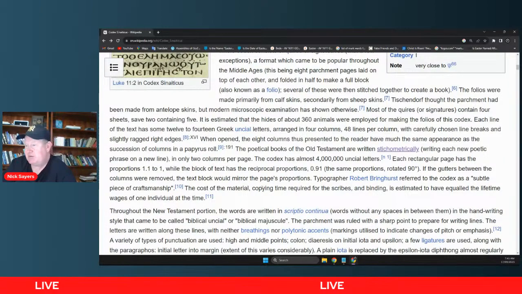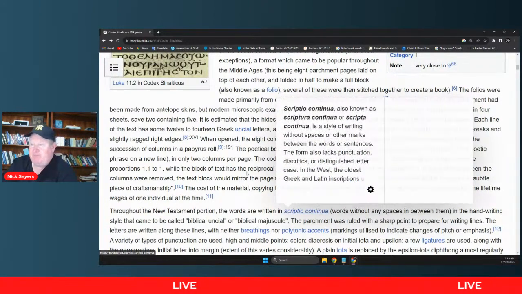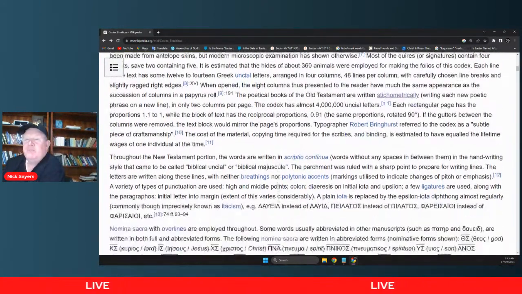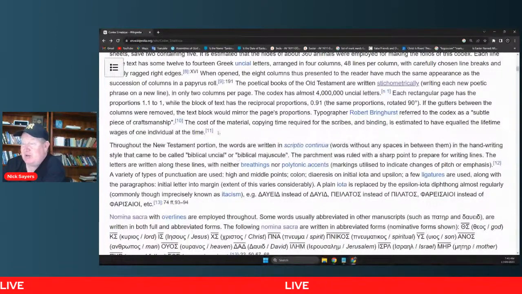The cost of the material, copying time required for the scribes, and binding is estimated to have equaled the lifetime wages of one individual at the time. So that's huge. I mean, you think of how much you earn. That's a lot of money.